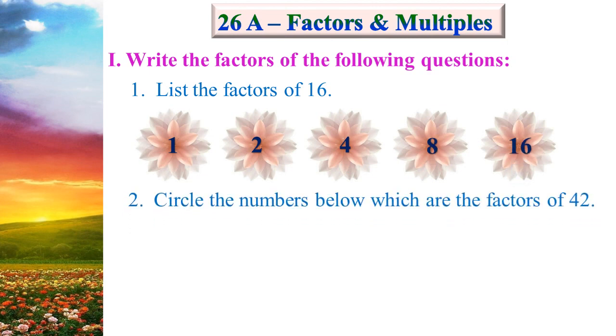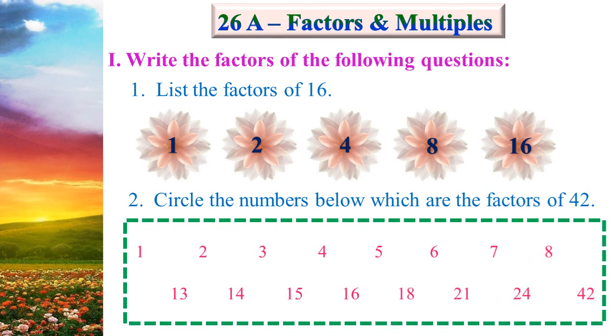The second question, circle the numbers below which are the factors of 42. Here given some numbers. Now we have to circle which one is the factors of 42. 1, 2, 3, 6, 7, 14, 21 and 42.